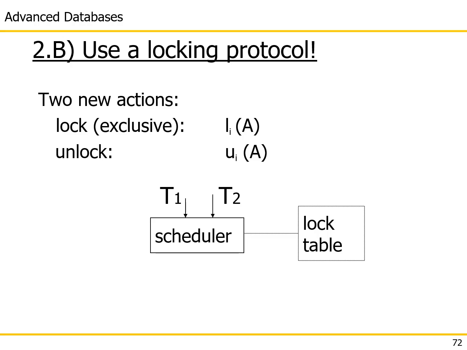If a transaction gets a lock on a resource, no one else is able to access this resource. This resource could be a table, a page of a table, or a row in a page in a table. So the lock granularity might change, but the idea is the same: if you get the lock, no one else can access it.